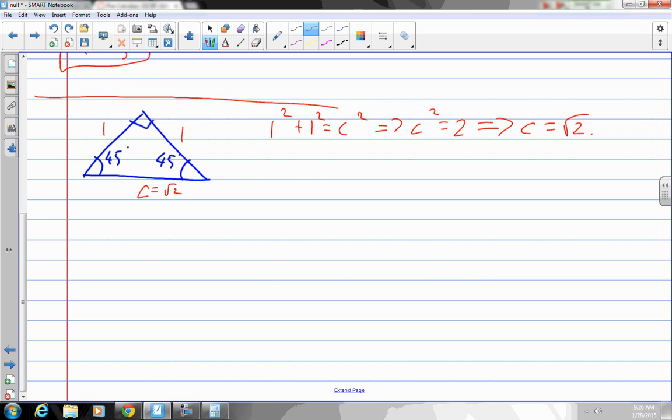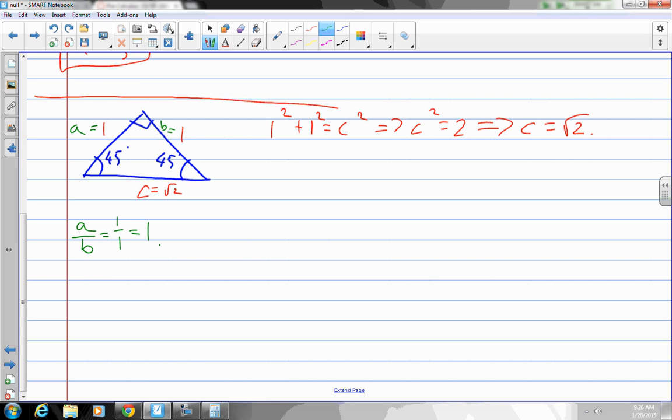Is that okay? So then if I take, let's say, the ratios, let's call this side A and this side B. Let's say the ratio of A to B in this triangle is just 1 over 1 equals 1.